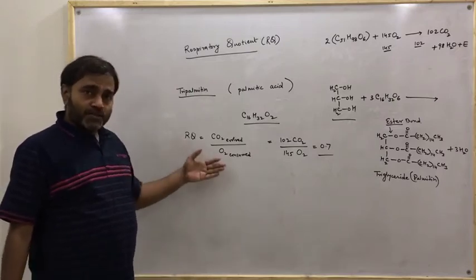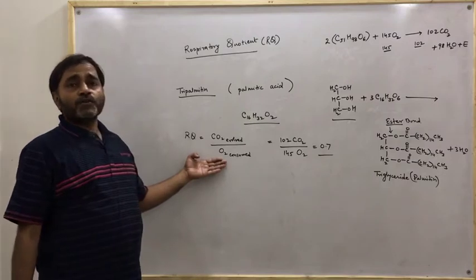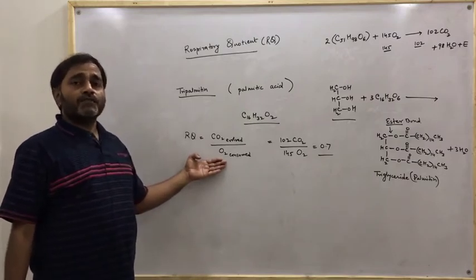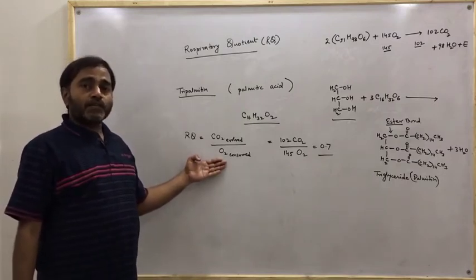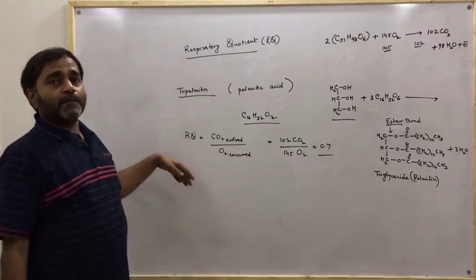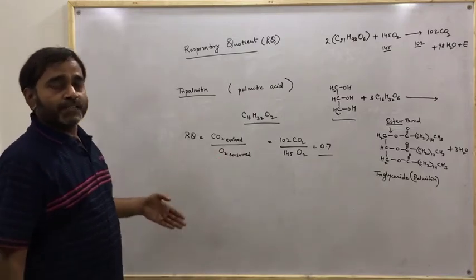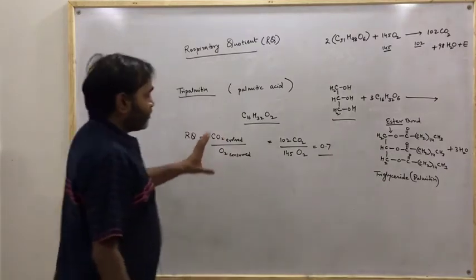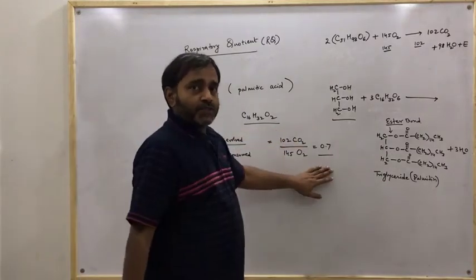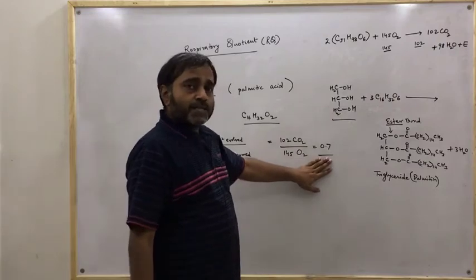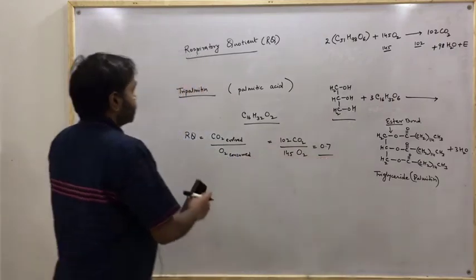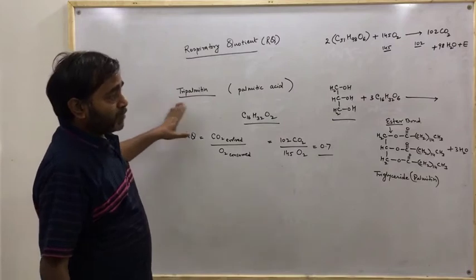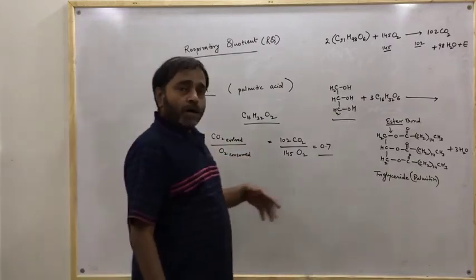That's why we could say that more volume of oxygen will be required for the oxidation of fat in comparison to other biomolecules, that is carbohydrate and proteins. So it is clear now, and we can just remember this fact that its RQ value is minimum.